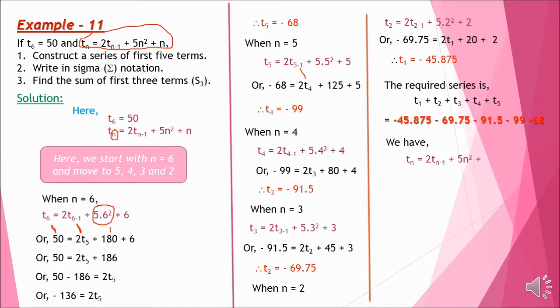Now it always starts with 1, and ends with the number of terms. We have only 5 terms, so it is 5. It always starts with 1, don't forget. Just apply this, and it is our sigma notation. You can use brackets right here also, if you like.